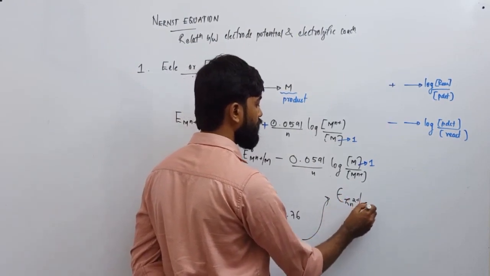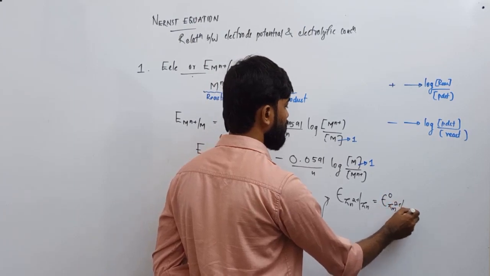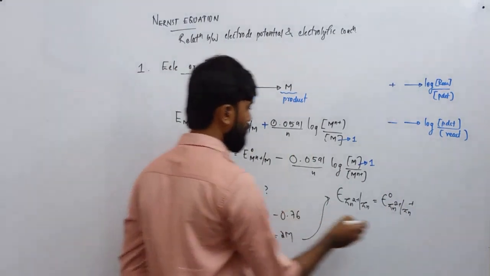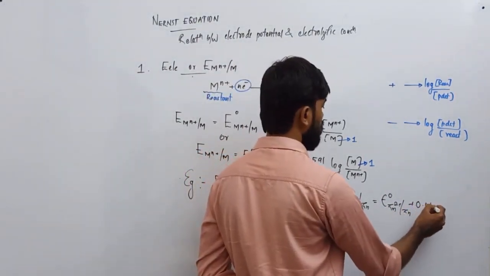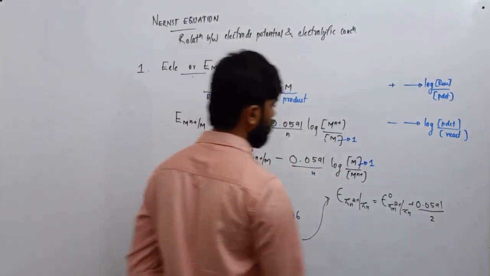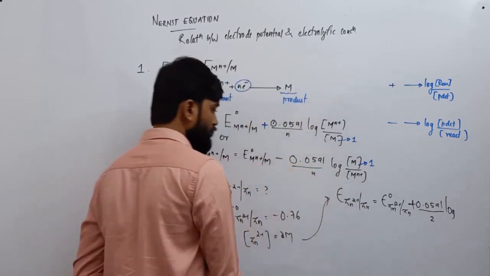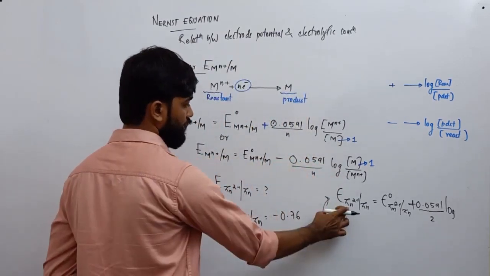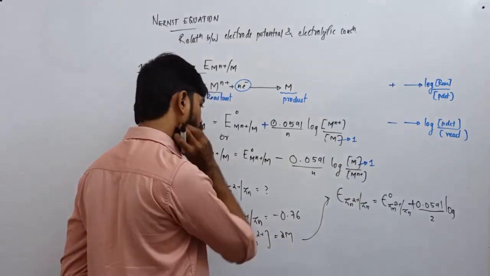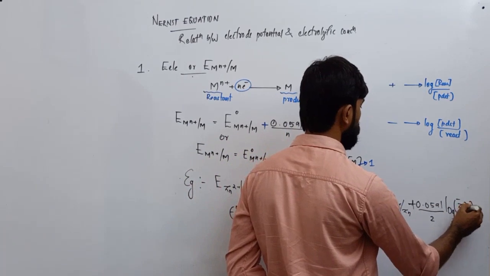We know that E Zn2 plus bar Zn is equal to E0 Zn2 plus bar Zn plus 0.0591 by n. n is 2 here, right? Yes. Log the concentration. Since there is a plus, this is a reactant, Zn2 plus, this is a product, Zn. So log reactant by product. So log Zn2 plus concentration divided by Zn concentration, right?